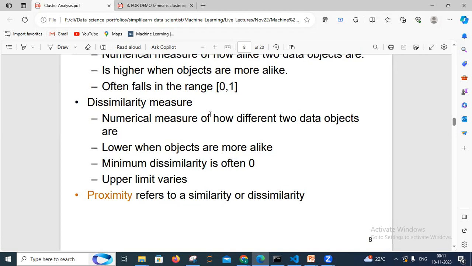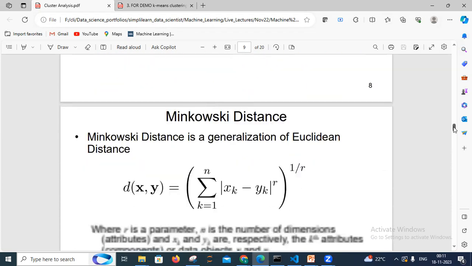Proximity refers to either similarity or dissimilarity.